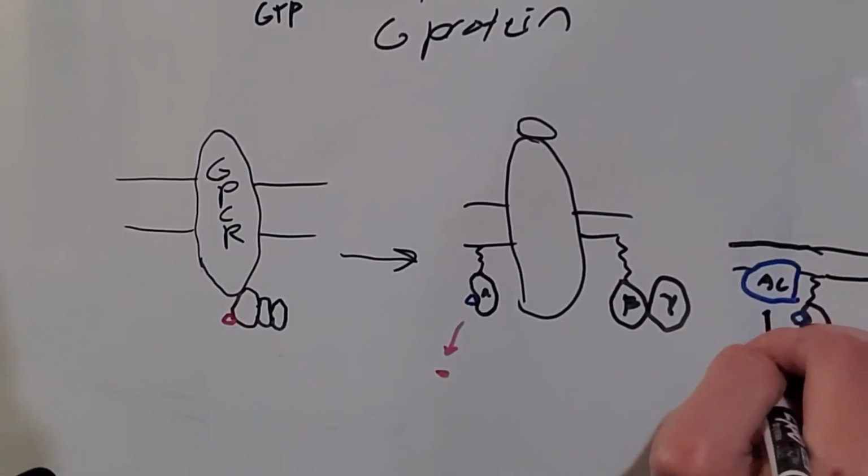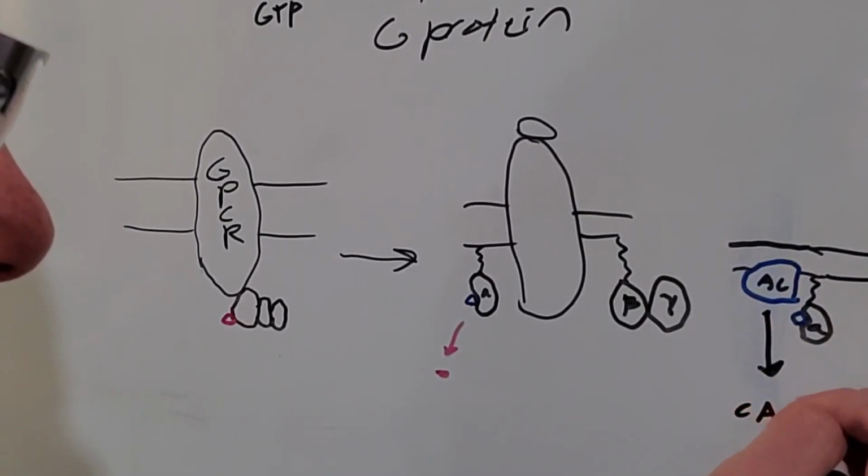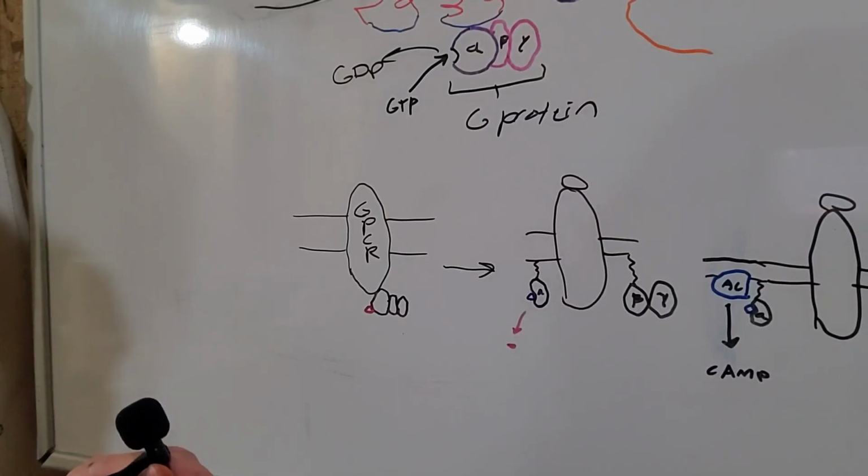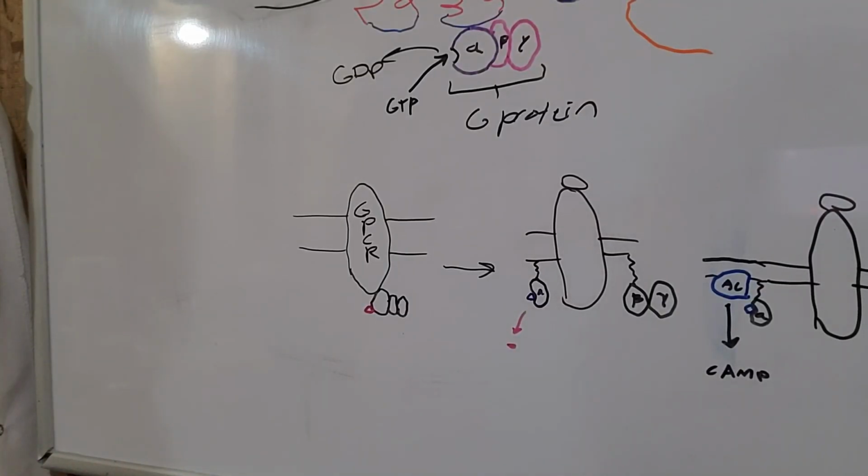So you have cAMP being produced by adenylate cyclase, which enters into the cytosol and then goes on to interact with other effectors, which further propagates the signal.